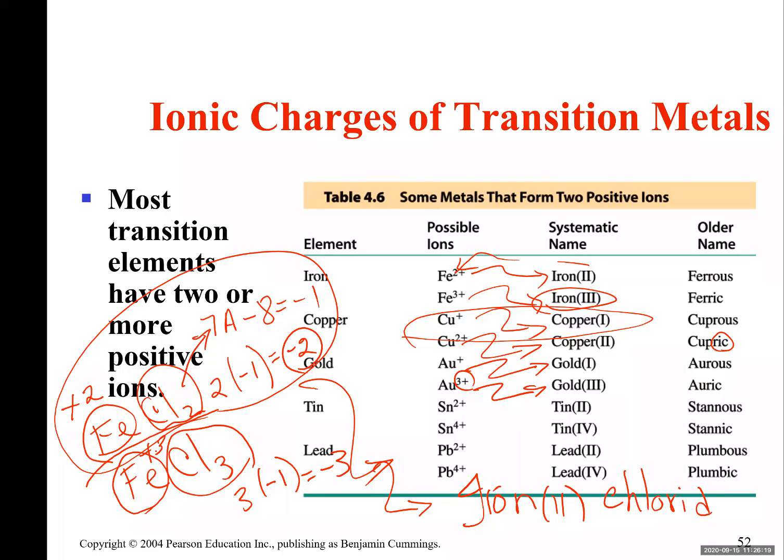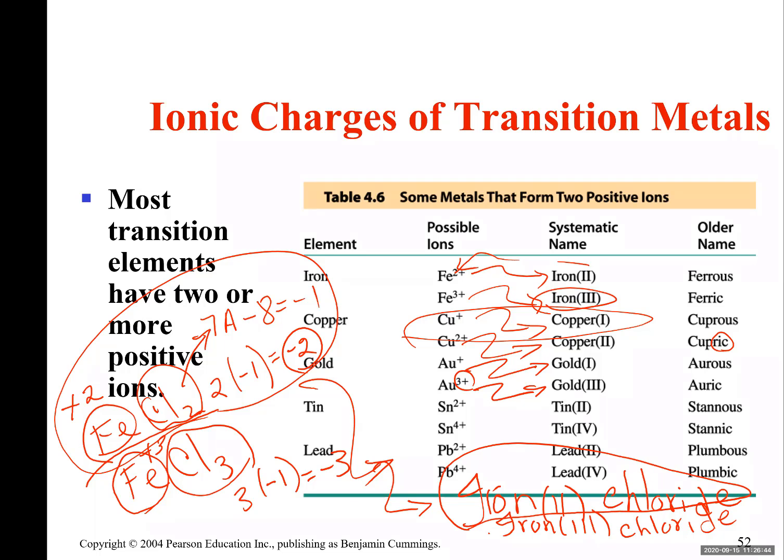So what should I call this other compound of iron and chlorine? It says iron(III) chloride. Or this one lower charge, ferrous chloride, this one higher charge, ferric chloride. Two different systems, two different names.